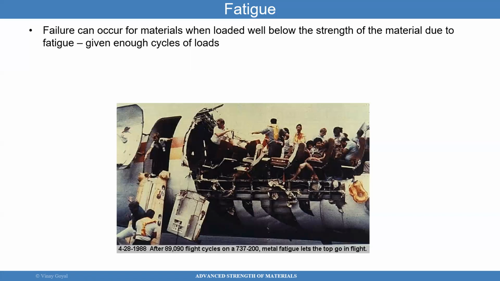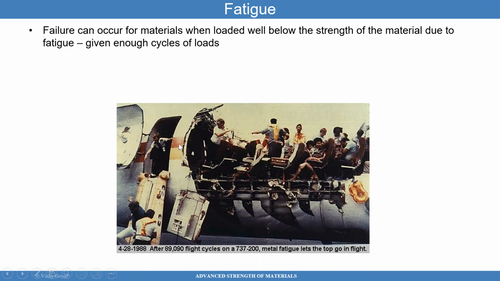And because you're taking off and landing, that delta P, that pressure across the fuselage, at 30,000 feet, the pressure outside is lower, the pressure inside the fuselage is higher. That delta P causes a potential stress in the skin, as you will learn later. And that stress in the skin is going to now oscillate between taking off and landing.